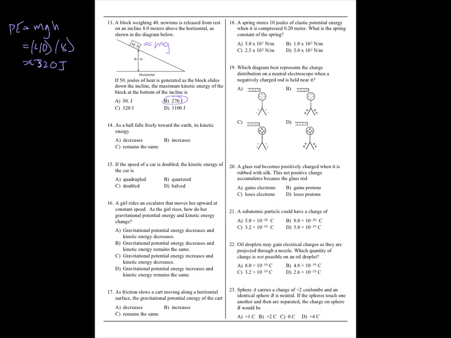Number 14. As a ball falls freely toward the earth, its kinetic energy increases because it's speeding up. 15. If the speed of a car is doubled, the kinetic energy of the car is... So we need to look at this equation right here. KE equals 1/2 mv squared. So we're looking at speed, which is v.